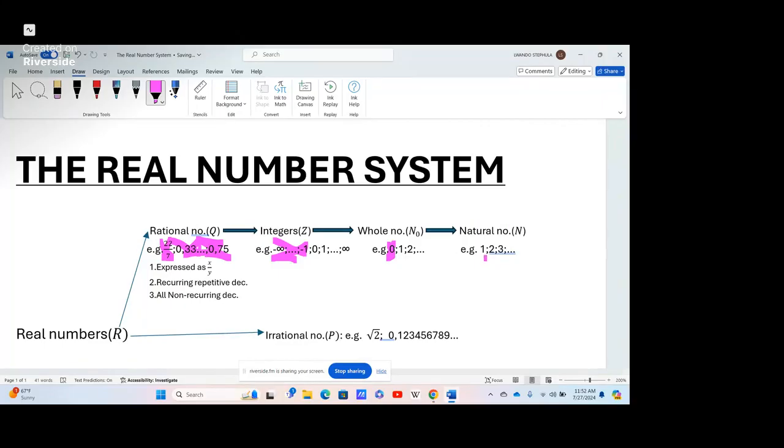They sound like they're counting, and that's why they're sometimes called counting numbers.